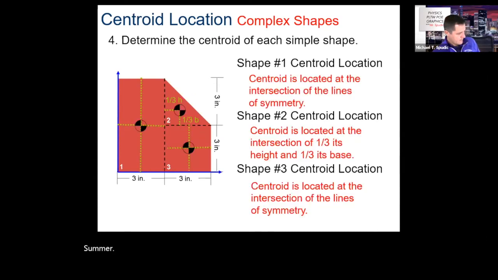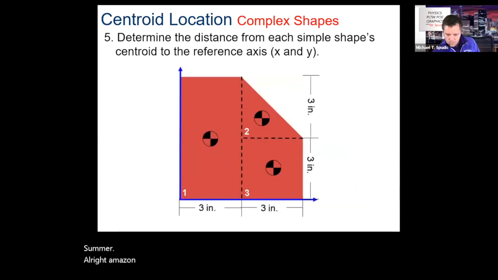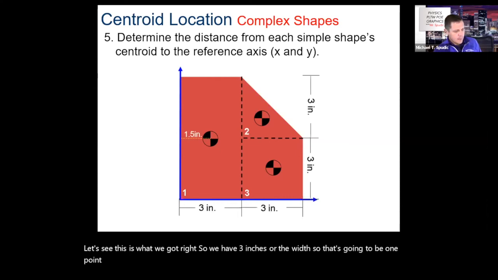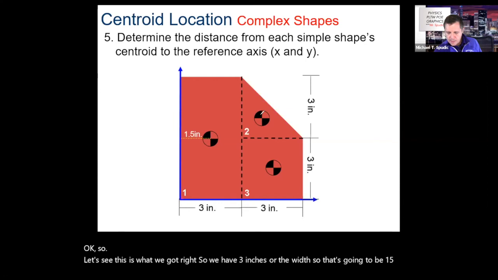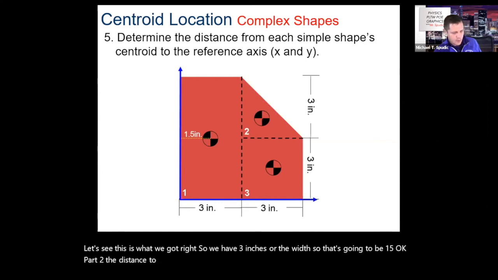Okay, pause. So let's see. This is what we got, right? We have 3 inches of the width, so that's going to be 1.5. Part 2, the distance to that location right there is going to be 4 inches, because it's 3 plus a third of this way, which is 1.